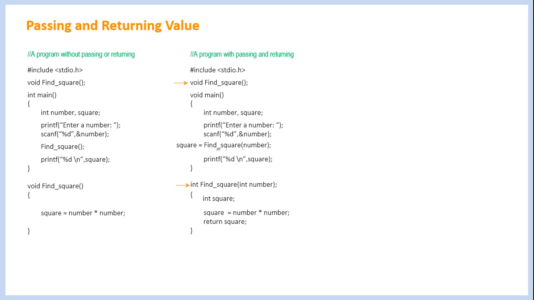Before, the function wasn't returning anything and we hadn't passed any value, but now we are passing a value of integer type. Therefore, this is what you need to write.